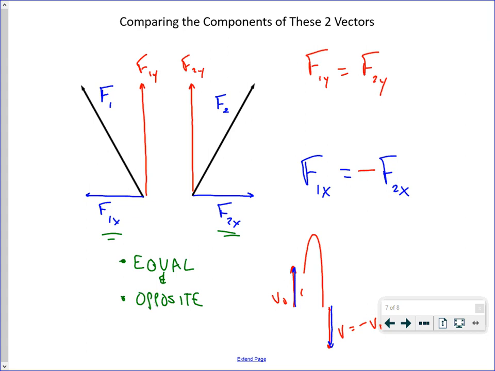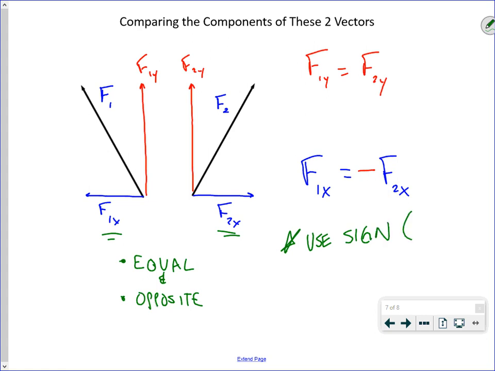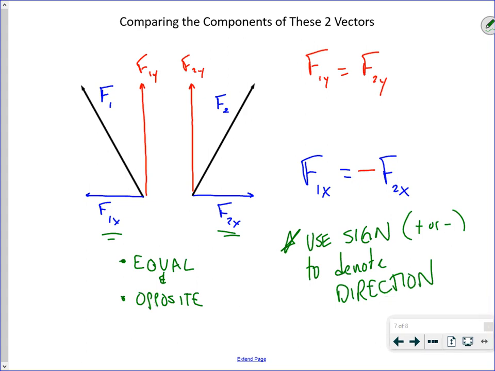But the big deal here is that we have to, just like we've been doing for the last 3 weeks or so, use sign to denote direction. Okay? So if F2x was like 30 newtons, the unit of force, then F1x would be negative 30 newtons, or 30 newtons left.